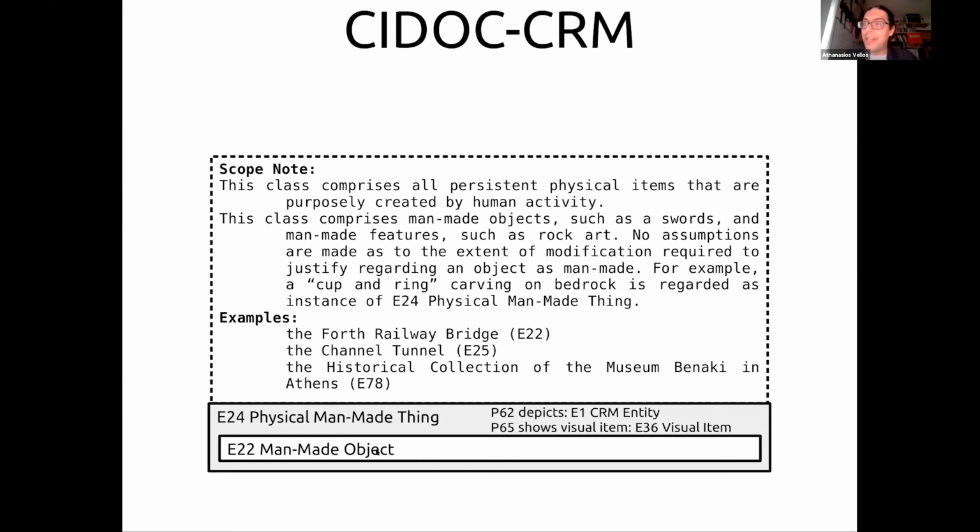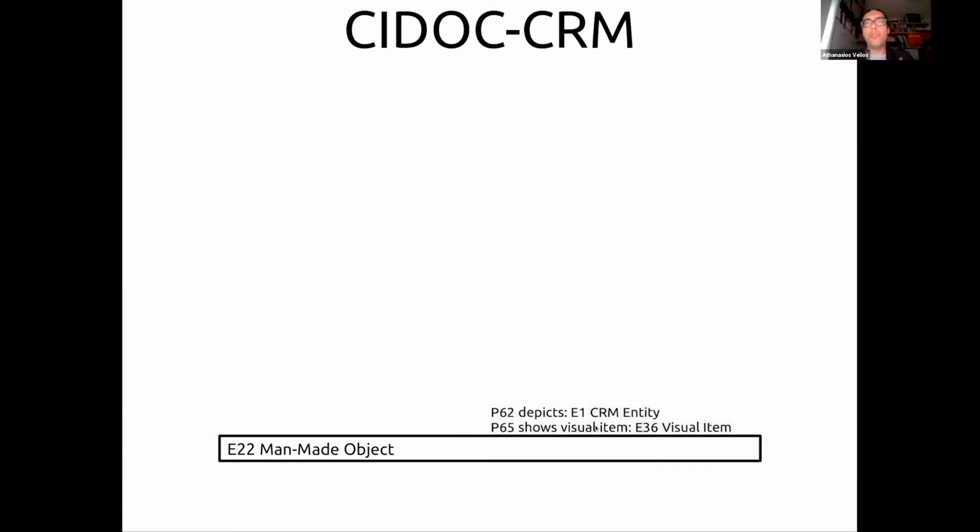Like what? Well, like features. So the physical man-made thing is a parent class for man-made object, and it has these two properties. So it can depict or show a visual item, like a photograph can show an image. And these two can be inherited by the man-made object.